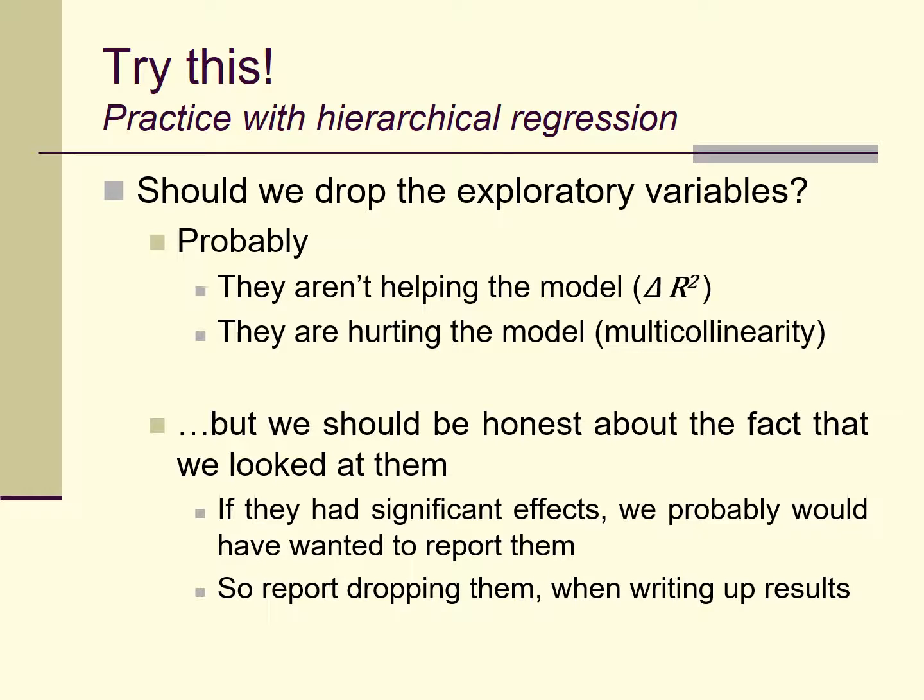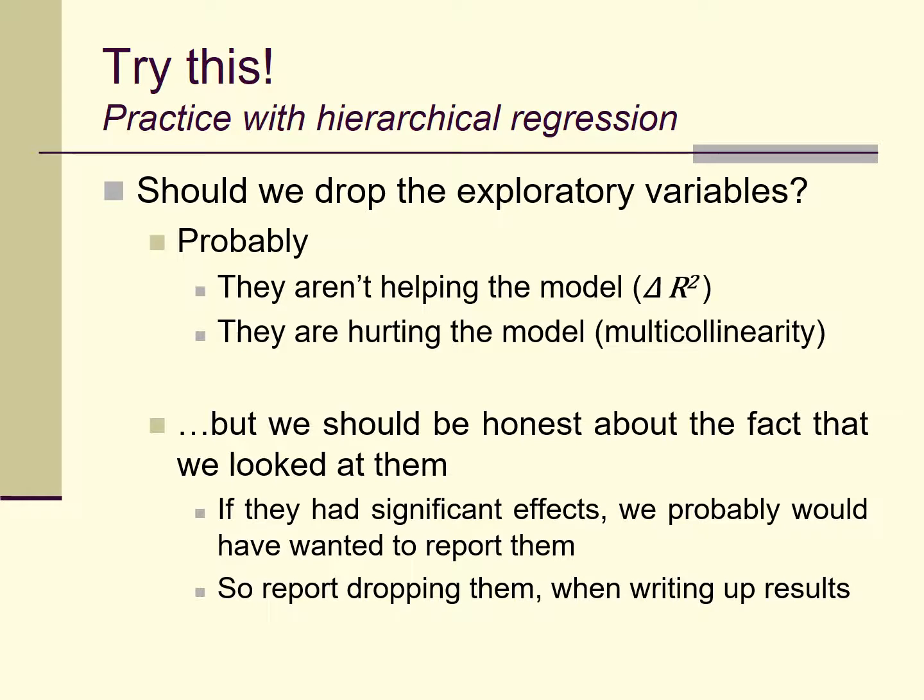But if we do drop these variables, we should be pretty honest about the fact that we at some point included them. So if you're writing up your results or if you were describing them to a colleague, it's important to say initially we included these two variables for some supplemental or exploratory analyses that didn't really pan out. Because let's be honest, if you had found a kind of a significant and apparently robust effect for either of these variables, you probably would have reported it in your results section or on your poster or in discussions with a colleague.